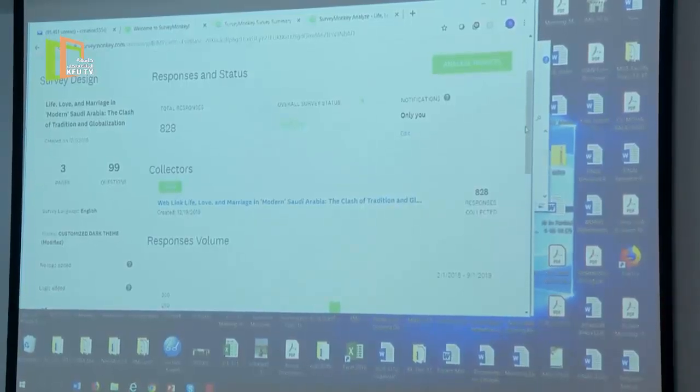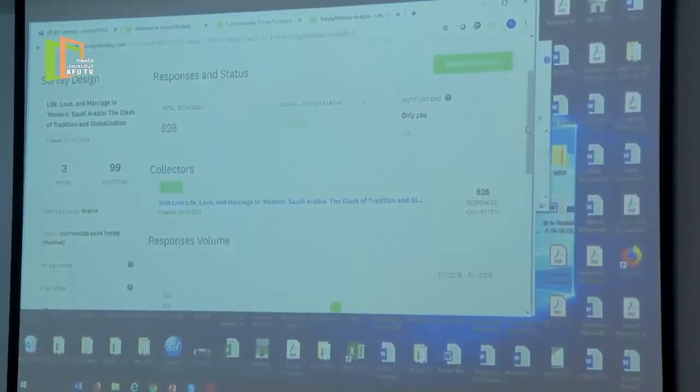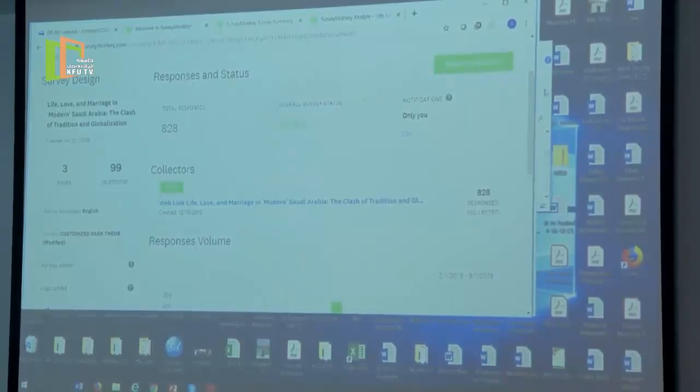Notice the title, provocative: Love, Life, and Marriage in Modern Saudi Arabia, Clash of Tradition and Globalization, conveying that we're looking at social change. People want to know what that means. They're curious about the distinction between tradition and globalization and what its outcomes are. And how do we learn more about that?